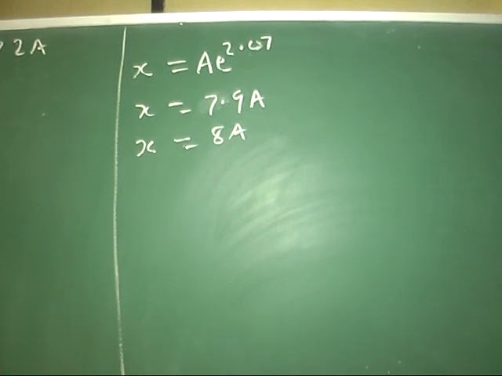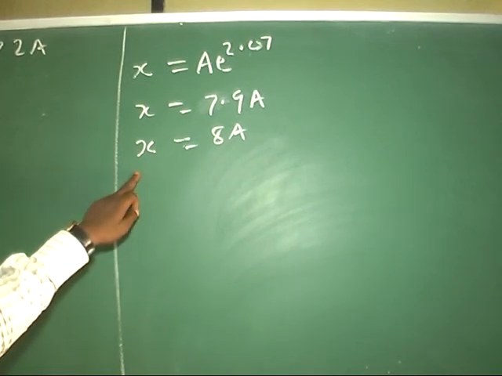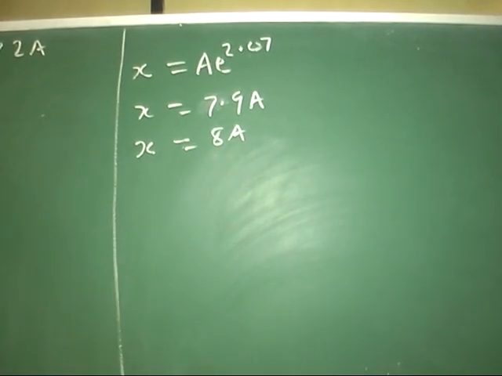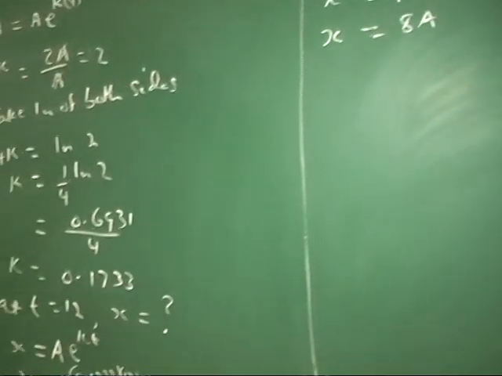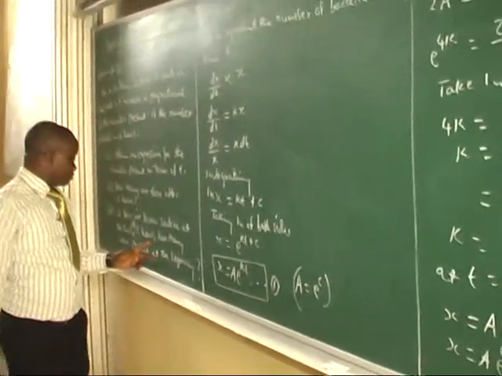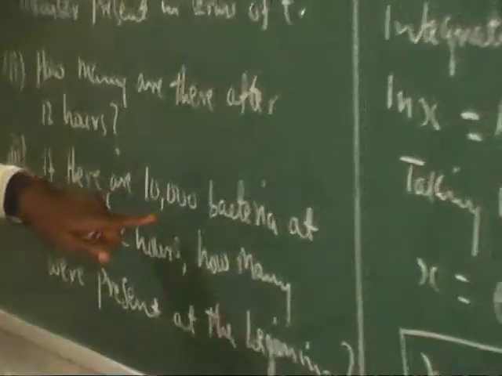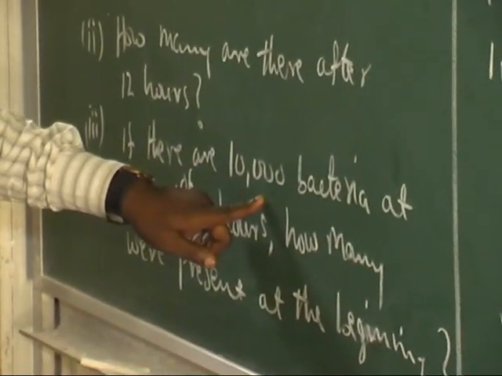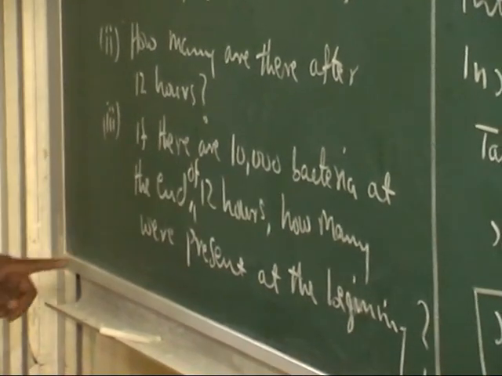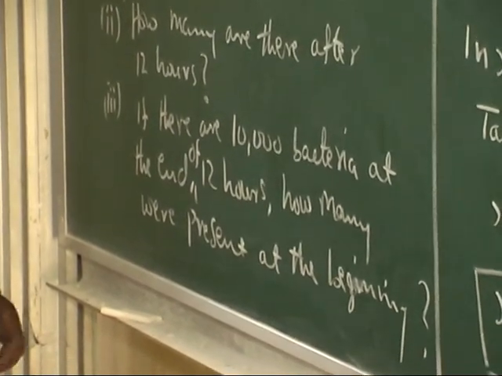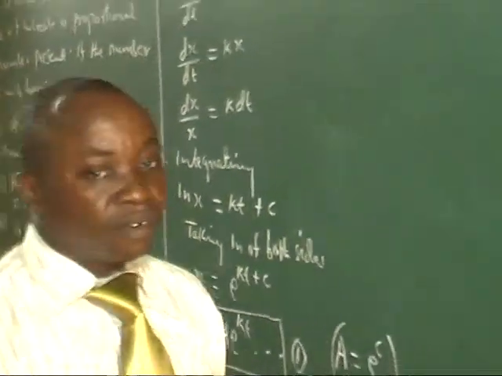So at the end of 12 hours, X is equal to 8A. But there is the last question. The last one says, if there are 10,000 bacteria at the end of 12 hours, you see, at the end of the 12 hours.